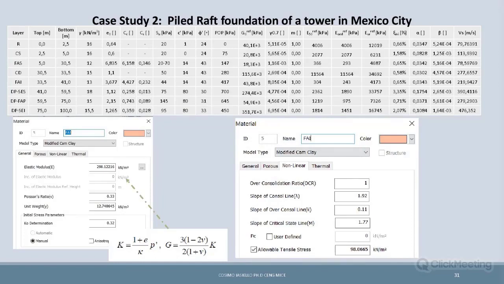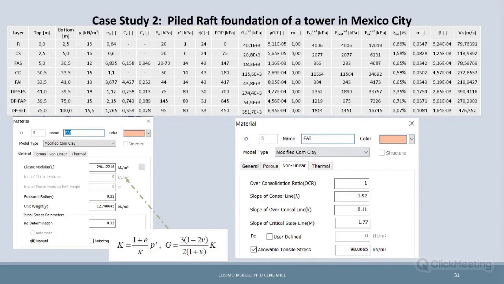Another important issue in the Modified Cam Clay model in Midas is that it is a very good model because it depends on the pressure we have to set up at the beginning and on the void ratio.